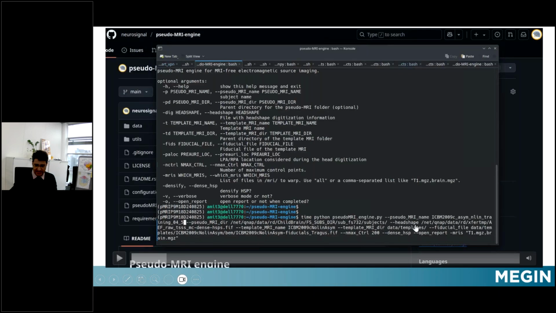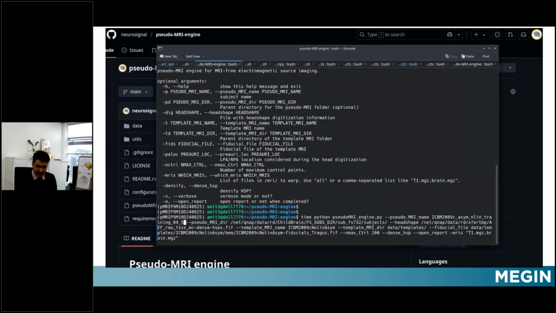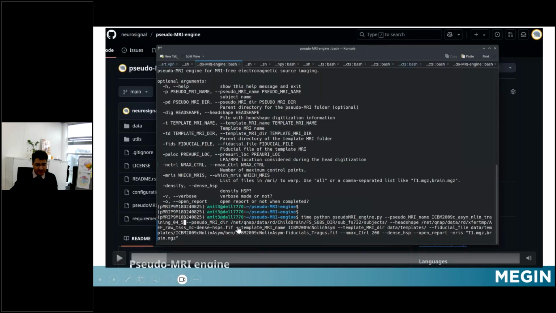Now the head shape argument takes your digitization points. It could technically be any file where you have stored this digitization information. For now, we are using the FIF file, and the FIF file includes this digitization information, so that's why we take it here.